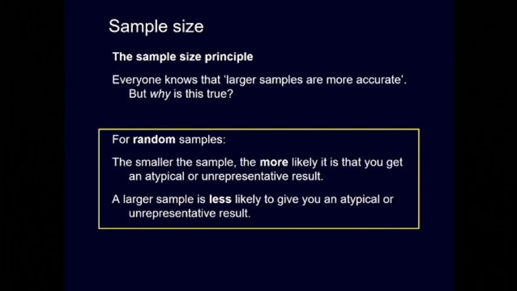When you have a random sample, those tend to be very representative, and the bigger the sample, the better. Why? Because when you have a smaller sample, you're more likely to get atypical results than when you have a bigger sample. The bigger the sample, the less often you get atypical results from sampling.